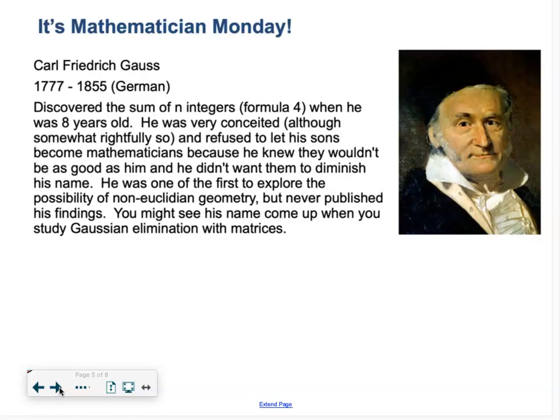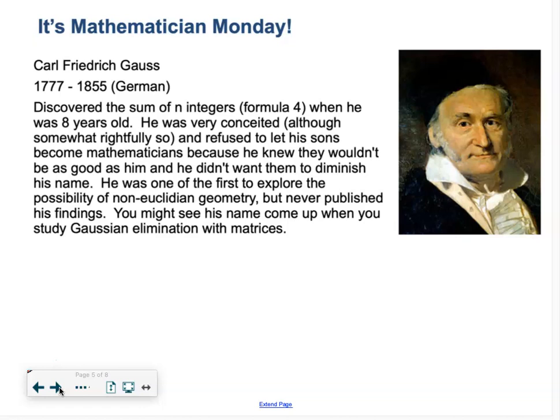It's Mathematician Monday, and it's time to learn about your group's mathematician, Carl Friedrich Gauss. Now, he really doesn't come into play until tomorrow. We're learning him early because it's Mathematician Monday. So tomorrow we're going to learn why we're learning about Carl Friedrich Gauss.